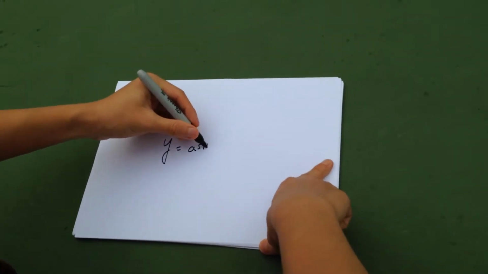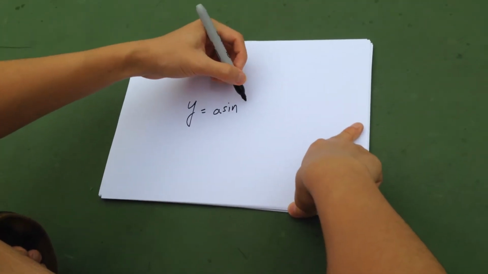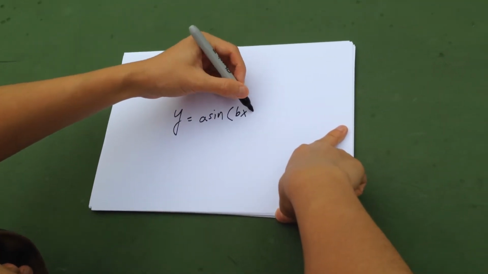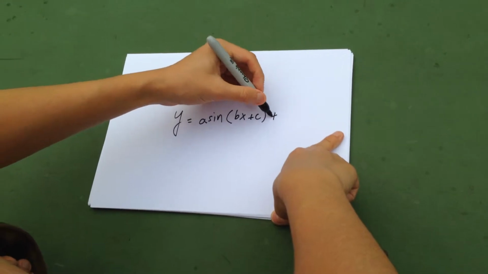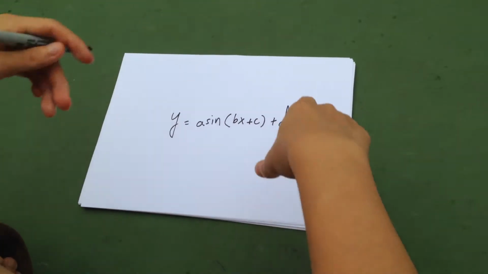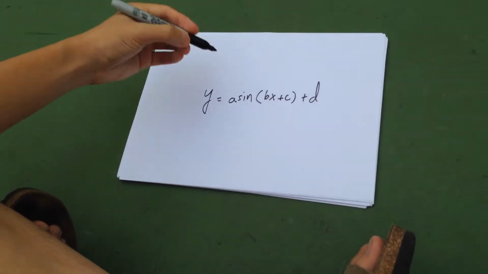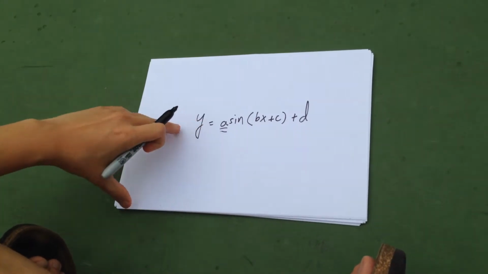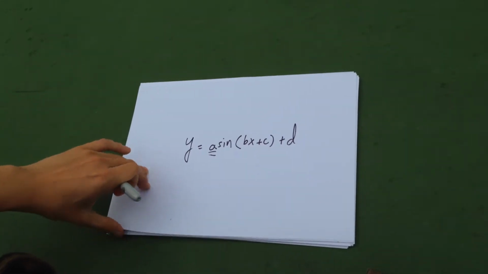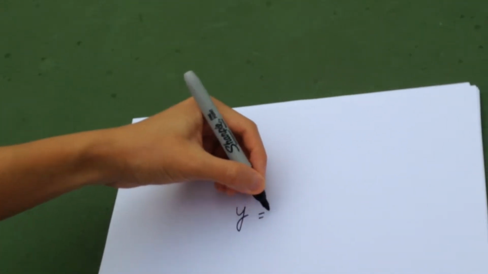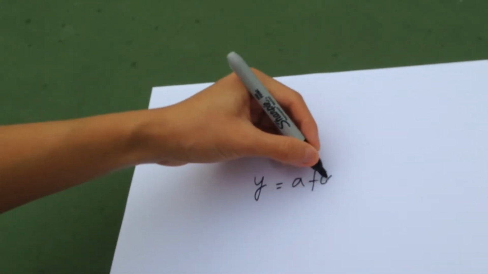So y equals a sine bx plus c plus d. Let's start with a here. y equals a f of x.